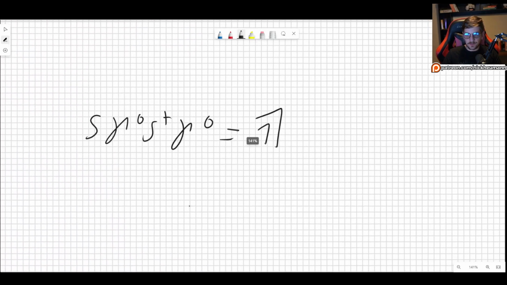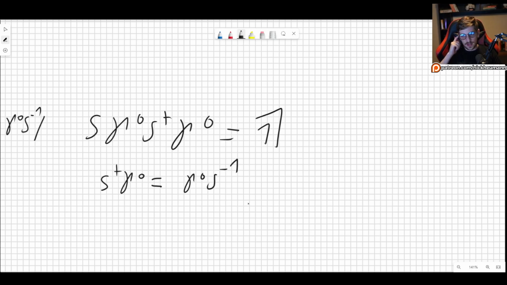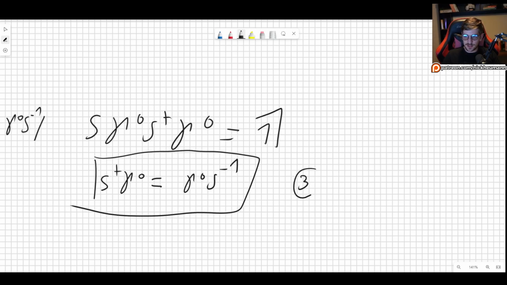Well, because now we can, for example, multiply from the left by first S to the minus 1 and then gamma 0. And we get that S dagger gamma 0 is equal to gamma 0 S to the minus 1. So these are very, very important properties of the S matrix, and all of these are going to be very important in the future. So it's good to have them written down somewhere.